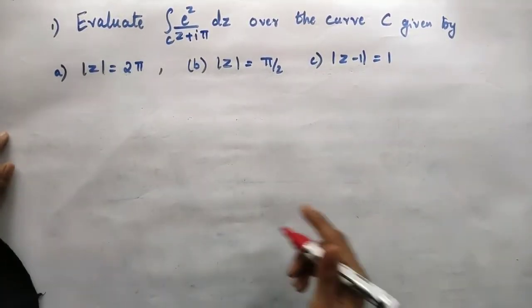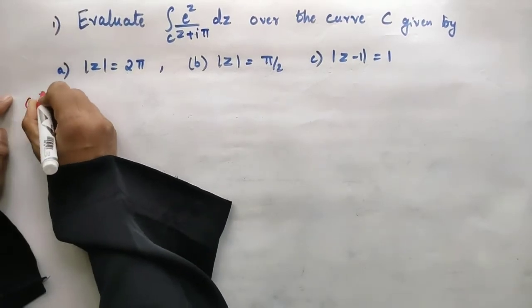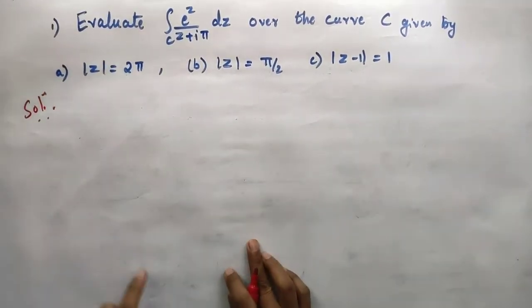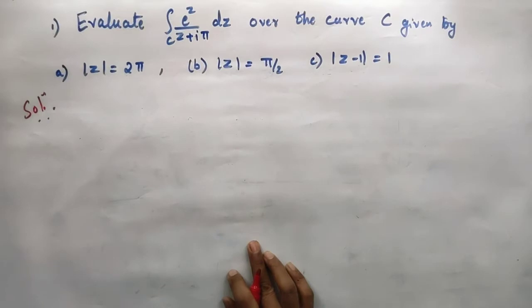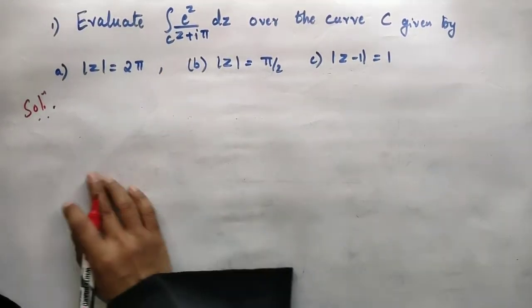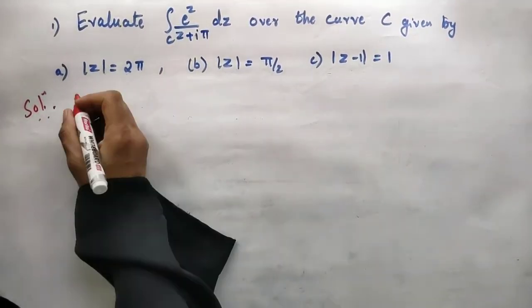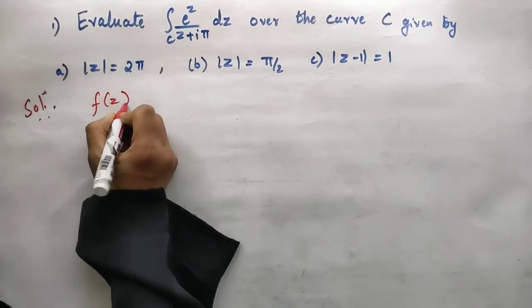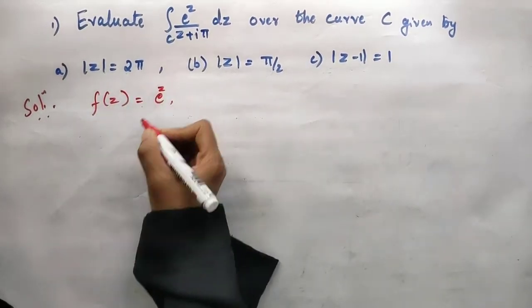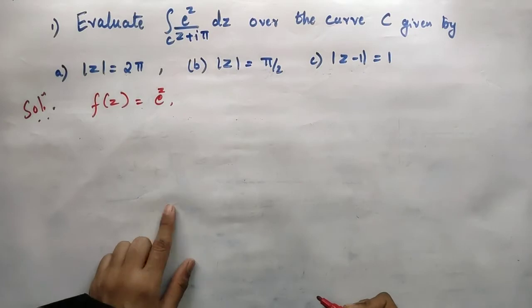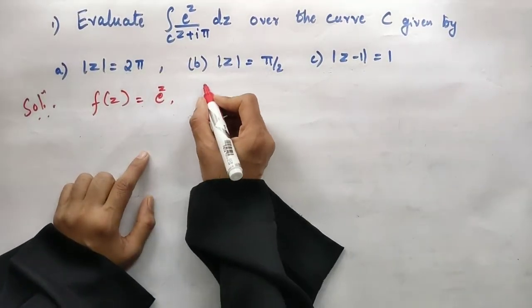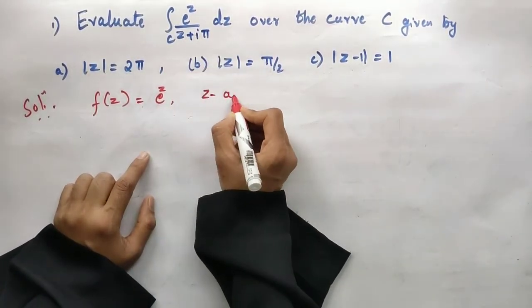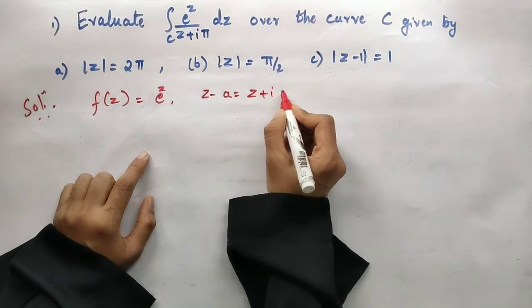To begin with, I'll start my solution like this. Just compare the integral formula with the given integral. You have f of z is equal to e to the power z, first thing. Second thing, in place of z minus a, you have got z plus i pi.